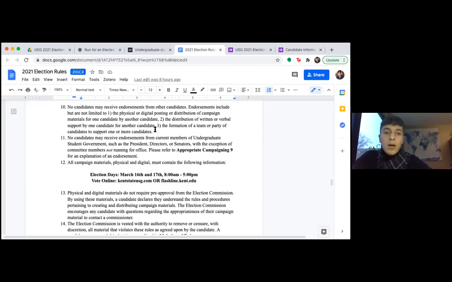So we did encounter problems with the last election that have been voiced by current and past USG members involving people teaming up with each other and endorsing each other and running people against certain other people to get them into positions. Now, while I love collaboration, there's a thin line between what is collaborating and what is working against someone for the benefit of yourself and your group.